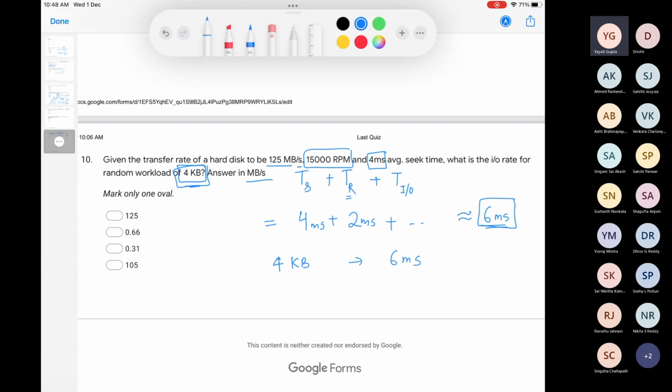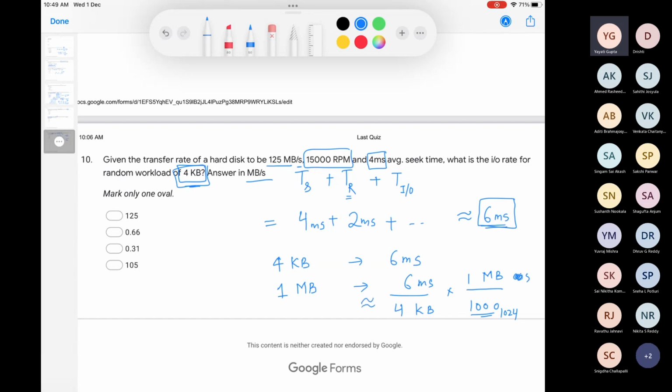Since you are asked for the answer in megabytes per second, you have to compute how much time it will take for 1 megabyte. That is 6 milliseconds divided by 4 kilobytes into 1 megabyte, in milliseconds. If you want to convert it to seconds, divide it by 1000, and you can approximate this 1000 as 1024.